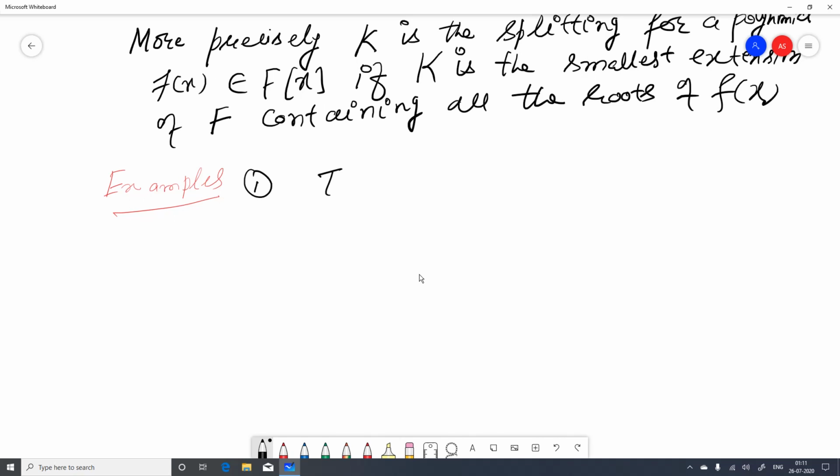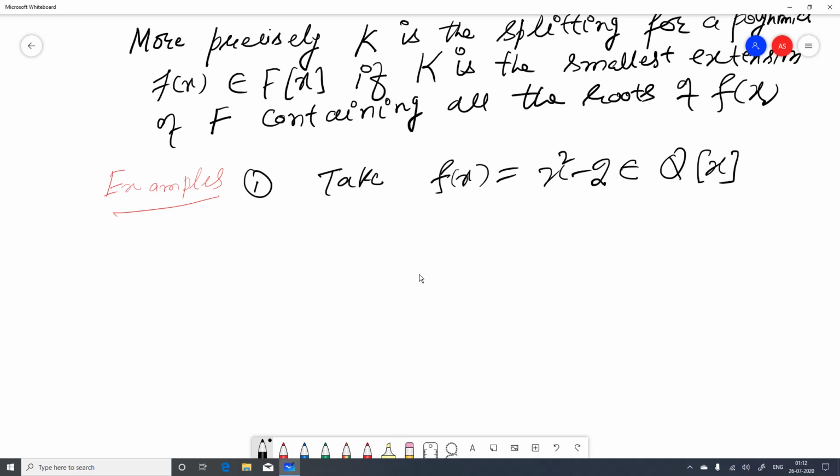Take f(x) equal to x squared minus 2 belonging to Q[x]. So the polynomial is taken over the field of rational numbers.